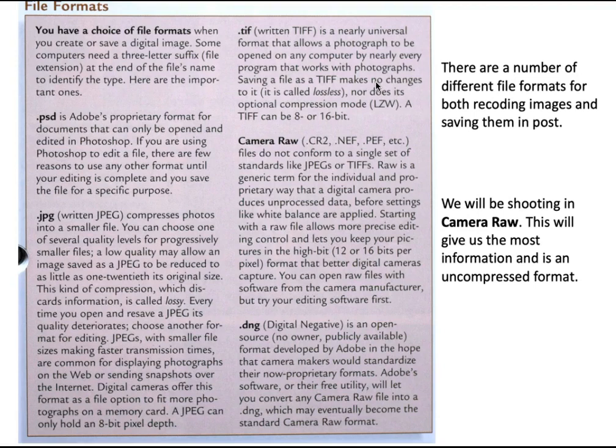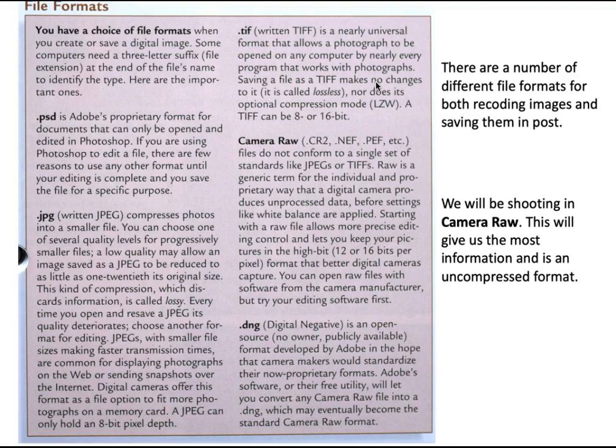So Camera Raw is the proprietary digital negative format for each company. Canon has one, Nikon has one, Pentax has one, Fuji has one. But then there's also the open source, publicly available digital negative. You'll see this when we get into Lightroom. But basically, DNG and Camera Raw are the same file format.